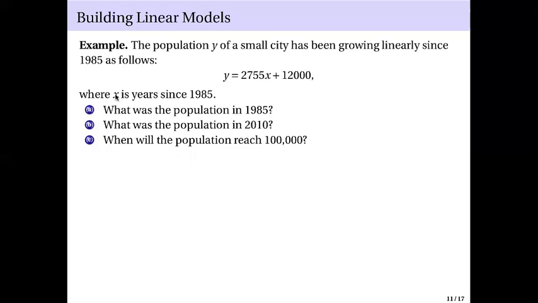So in here, X is years since 1985. In 1985, the value of X will be 0. So the population was Y equals 2755 times 0, that's just 0, plus 12,000. So the population was 12,000.